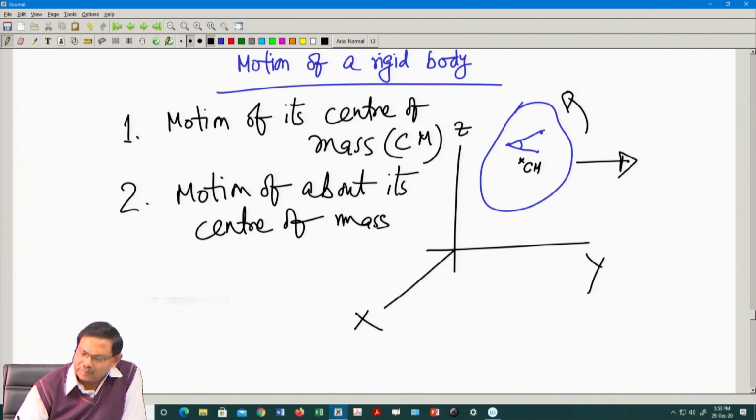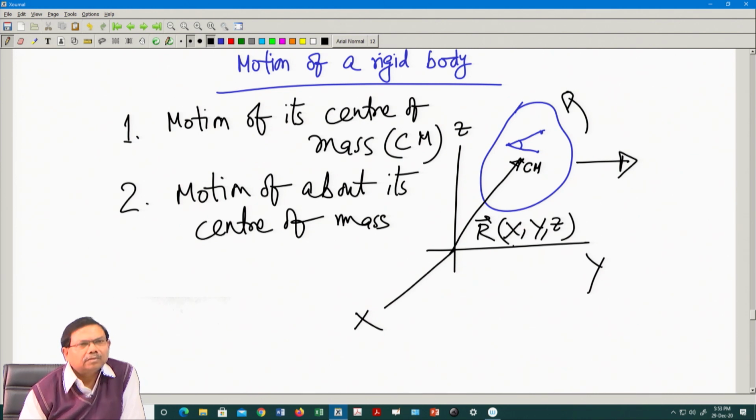So, its center of mass requires 3 coordinates which may be x, y, z, right. Similarly, with the center of mass, now if there is a rotation about the center of mass, again we require some 3 coordinates, let us say x 1, x 2, x 3. So, we require 3 more degrees of freedom.